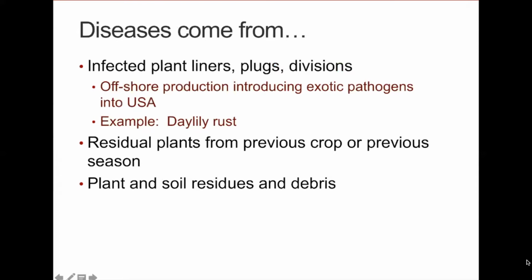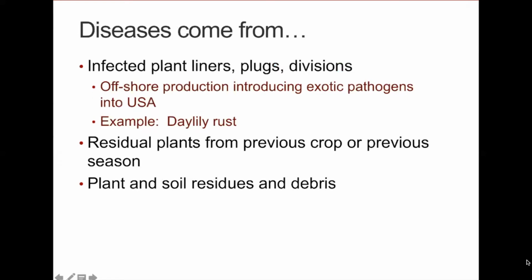If you did have some kind of disease that came up, maybe daylily rust, and you did not completely sanitize the area and remove all of those plants that were inoculated with the daylily rust, then if you don't get rid of absolutely everything, even just one little spore can inoculate the new plant material for the next season. So that's where the residue of plants from previous crops or previous seasons comes into play.